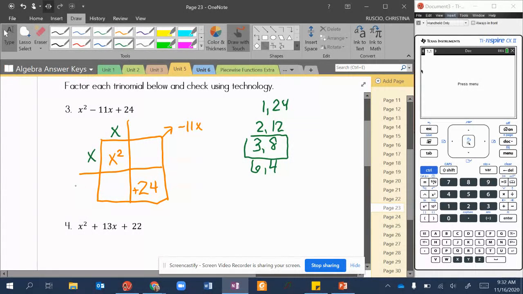But will that work? A negative 3 times a negative 8. Well, that's a negative 3x. That's a negative 8x. Negative 3 times negative 8 is positive 24, okay. And negative 3 and a negative 8 is negative 11. So we found our answer. Our answer is x minus 8 all times x minus 3.